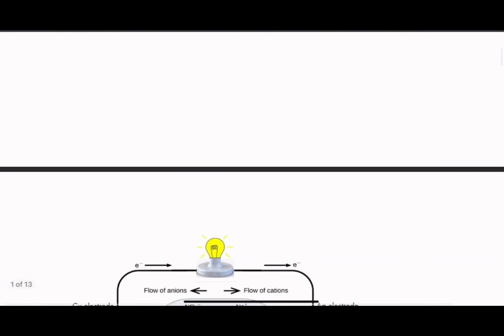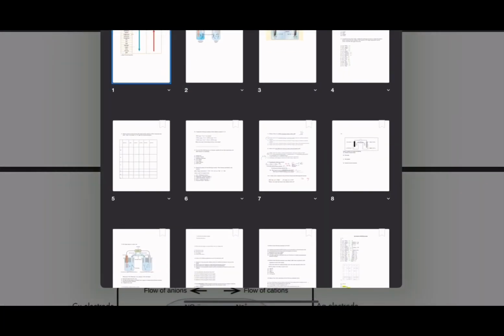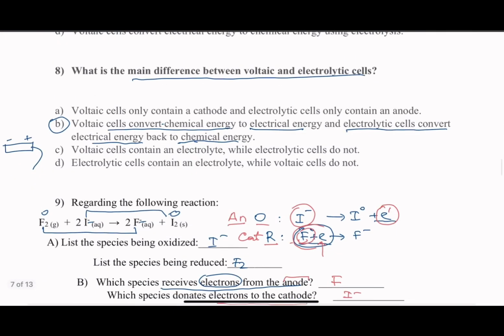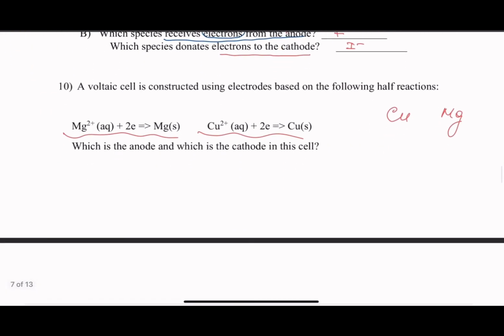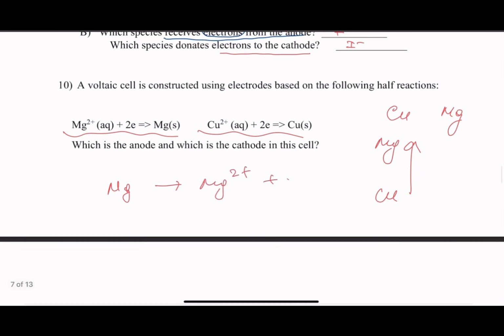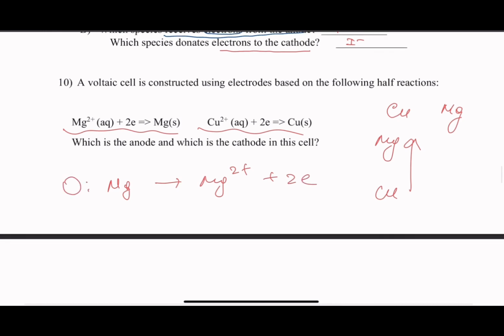So going back to our question, because magnesium is located higher than copper, magnesium is going to oxidize while copper is going to reduce.